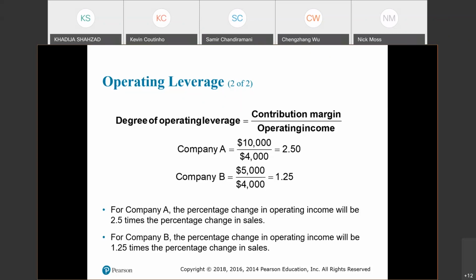Because the operating leverage for each company is different. So basically, operating leverage predicts the effects fixed costs have on changes in operating income when sales revenue changes.